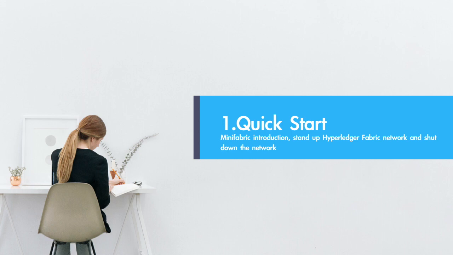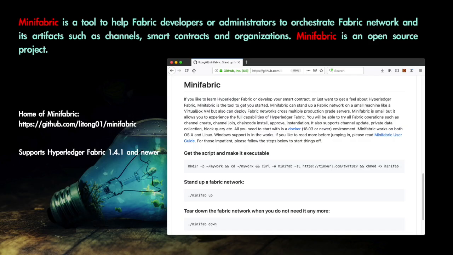Minifabric is the tool to help fabric application developers and administrators to orchestrate fabric network and all its artifacts, such as channels, chain code, and organizations. It is a tool to teach a fabric user to become a fabric network deployer, application developer, and a network administrator.